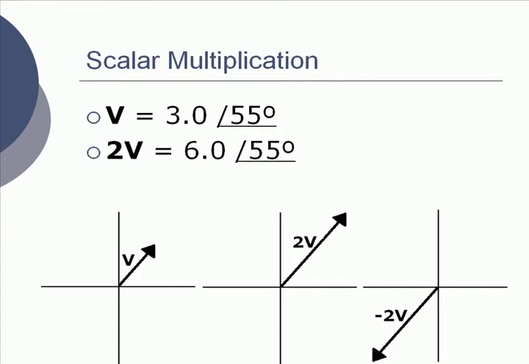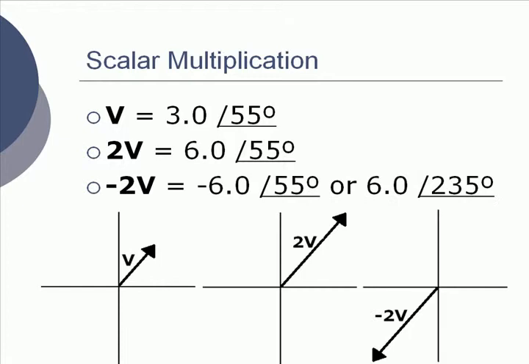It's pictured there, but it'll be 6.0 at 55 degrees. Or if we take negative 2v, we'd take negative 2 times the original magnitude of 3.0, and we have negative 6.0 at 55 degrees. Or in other words, positive 6.0 at 235 degrees by adding 180 degrees. Idea makes sense?